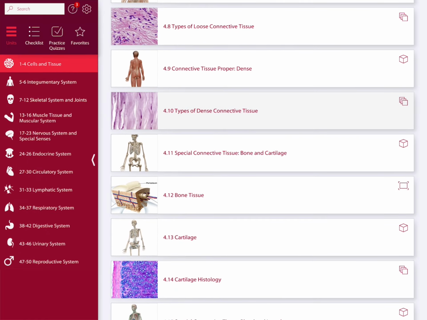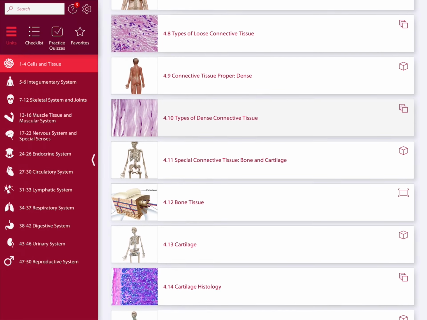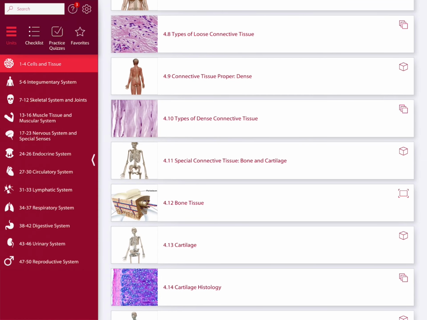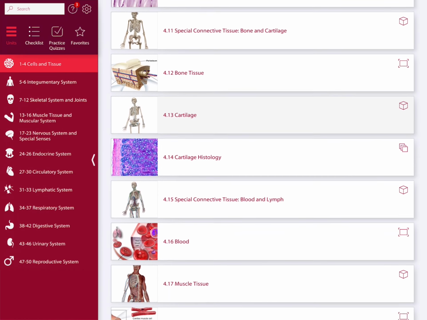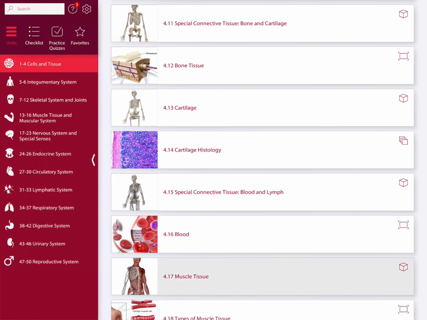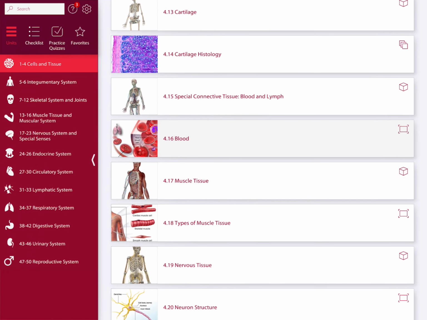So here's an example of the dense. And for cartilage, there's the hyaline cartilage, fibrocartilage, and elastic cartilage. Here's an example of the cartilage, right? In this case, you're seeing the hyaline cartilage. And in terms of additional connective tissue, we have, for example, bone and liquid connective tissue such as blood and lymph. So here you can see an example of blood.